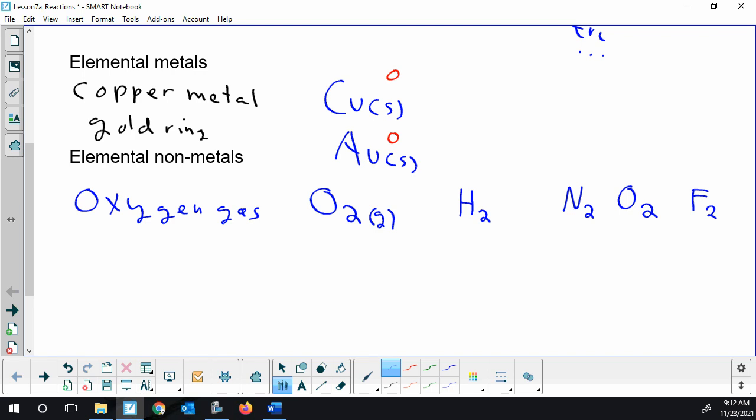Fluorine, when you just have fluorine by itself, that's a diatomic. Chlorine, bromine, iodine. If you start at atomic number 7, it kind of makes a 7 shape in the table. Those are all diatomic. If you have sulfur by itself, it's S8.